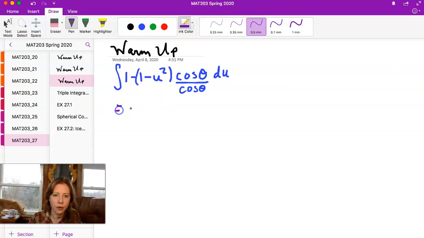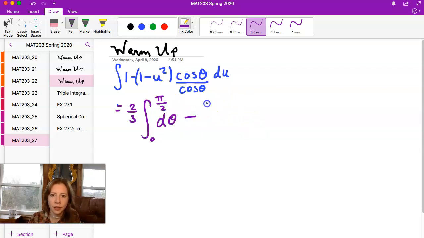So our integral before was going to be 2/3 times the integral from 0 to pi over 2 of d theta, so that's our 1, minus 2/3 times the integral from 0 to pi over 2 of our 1 minus sine squared cosine theta d theta.